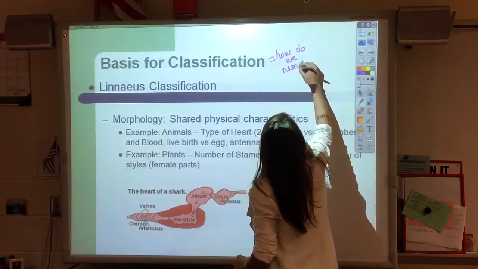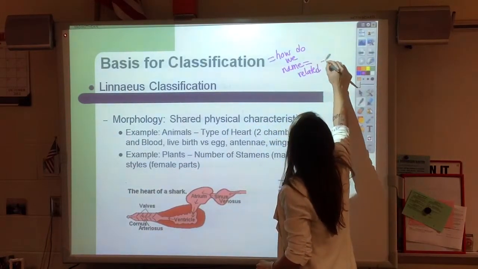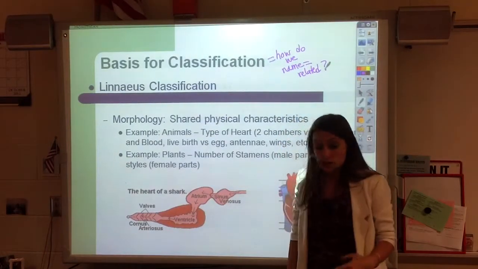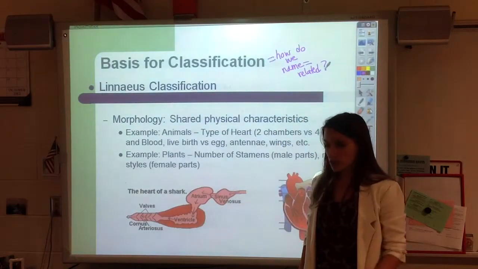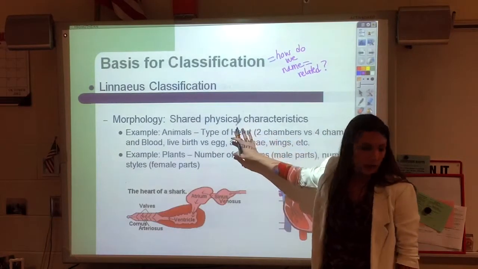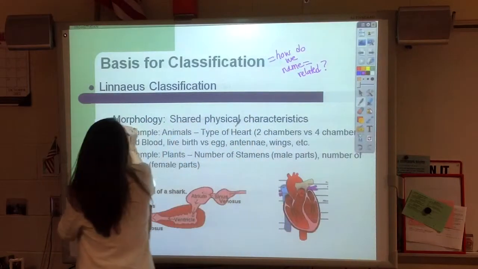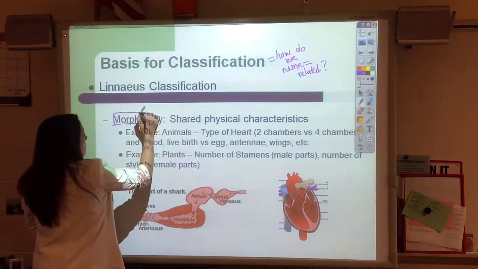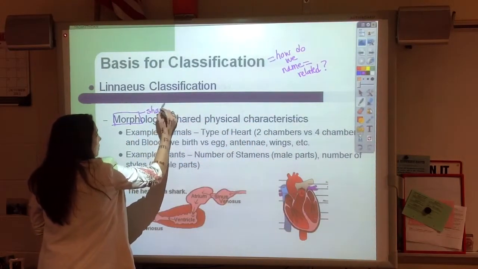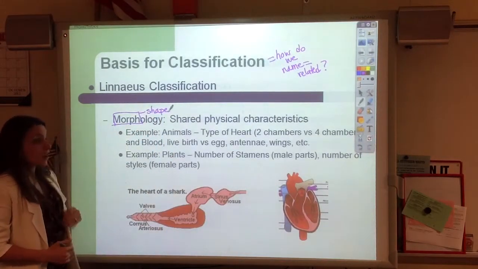And we really want to name based on how related organisms are to each other, just like your name shows how related you are as well. So one of the things that we can look at is something called morphology. Morphology, morph, actually means shape. And so the shape or the physical characteristics.